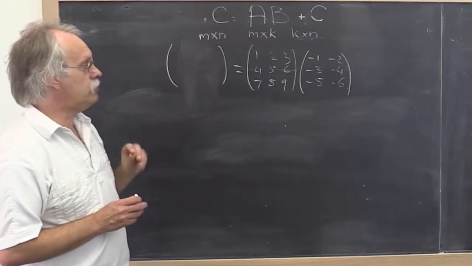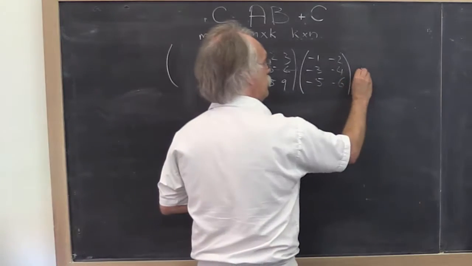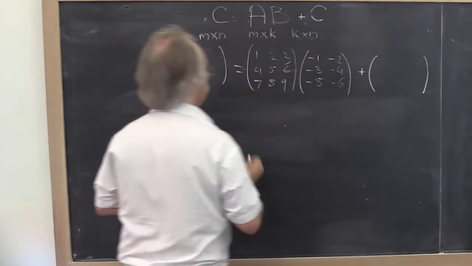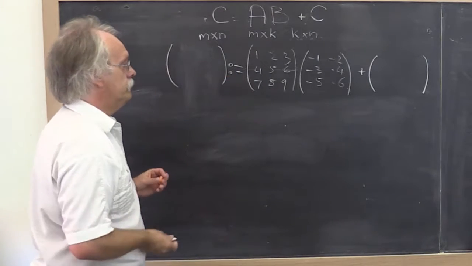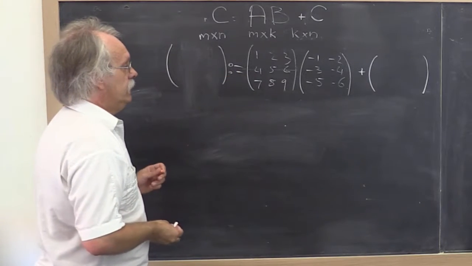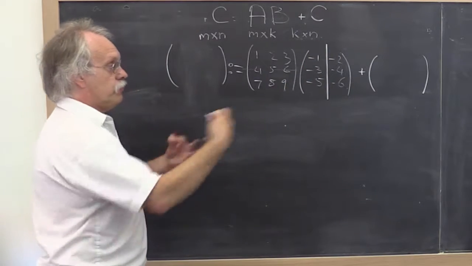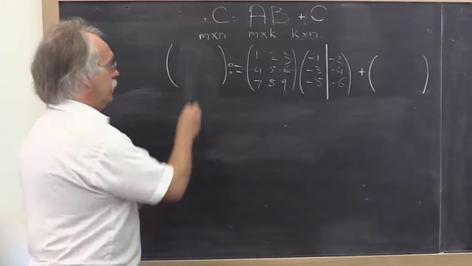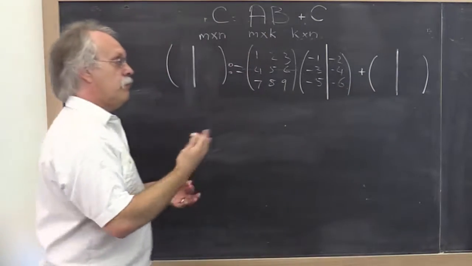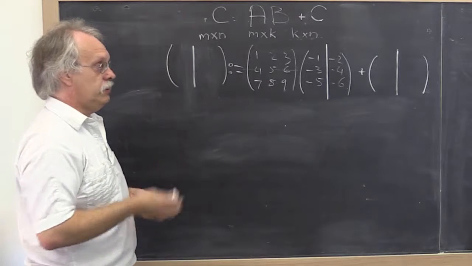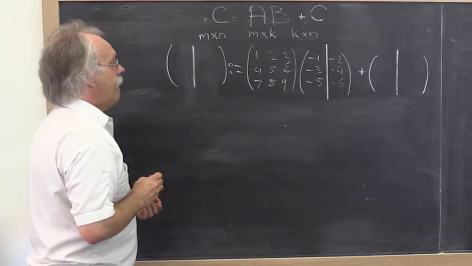So let's look at how C is actually computed. Notice that we are adding C to the result, so we might put a colon equal here. Let's think of B as being two columns. In general, of course, you would have more columns. And let's think of C as having two columns. The bar here separates the left column from the right column. In general, bars would separate the different columns.